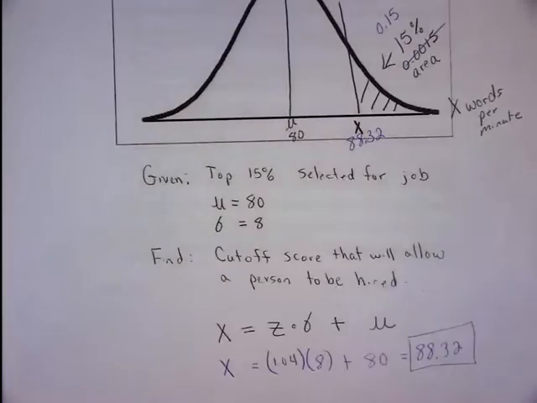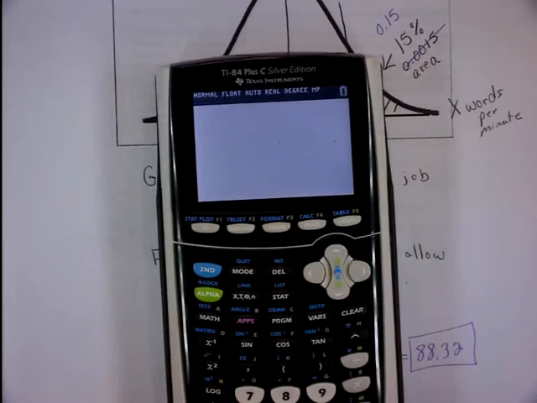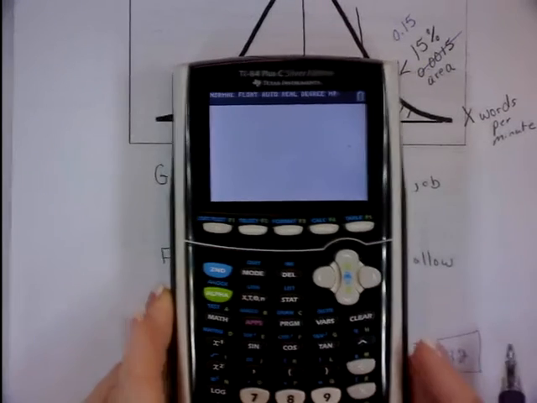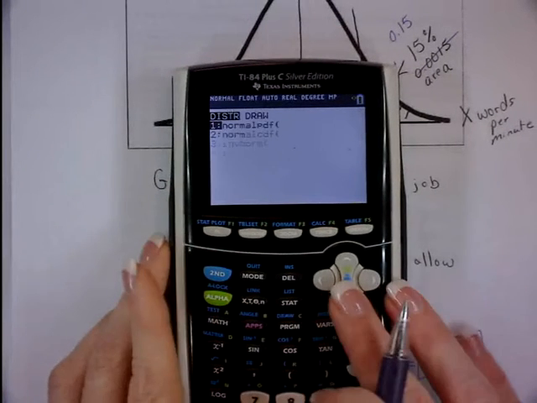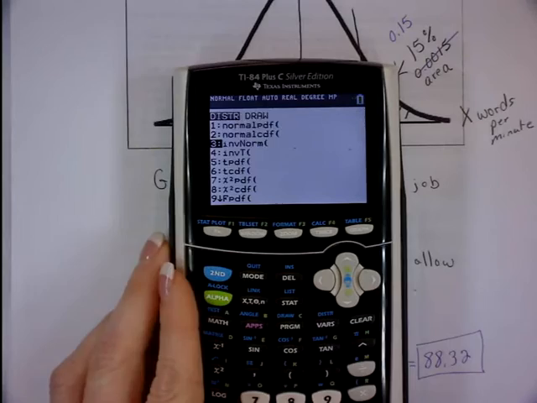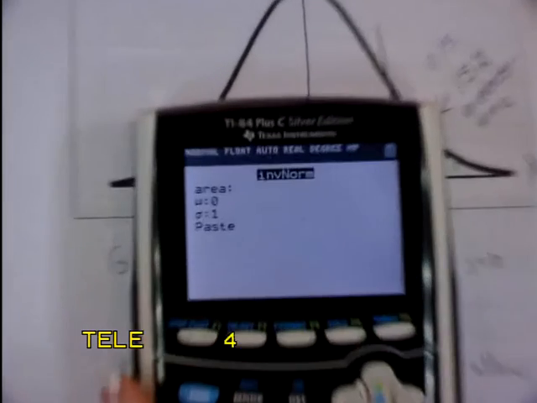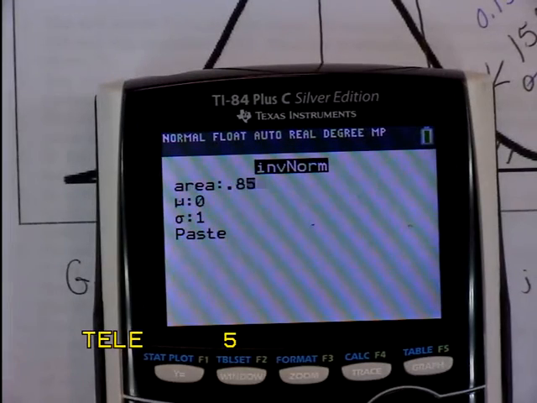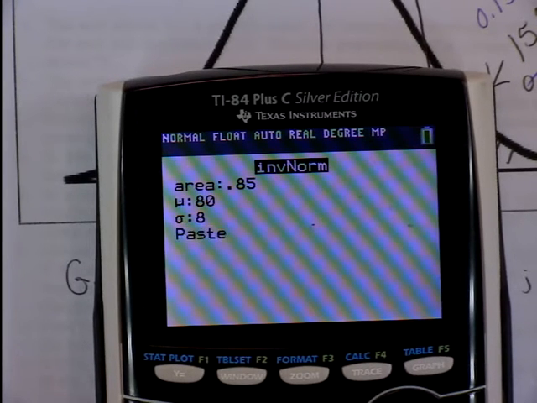Now the area below it is 85%. So invert the norm. 0.85 is area below. The mean was 80, and the standard deviation is 8. Notice how we don't have to be in z at all.